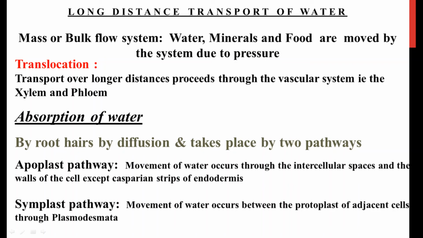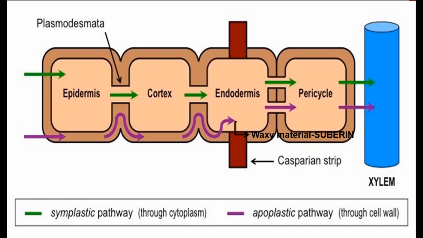Symplast pathway: in the symplast pathway, water crosses the membrane to enter the cytoplasm of the cells, and intercellular movement is through plasmodesmata. Symplastic movement may be aided by cytoplasmic streaming. The figure shows us the apoplast and symplast water movement.